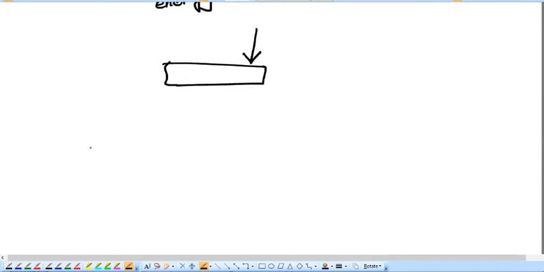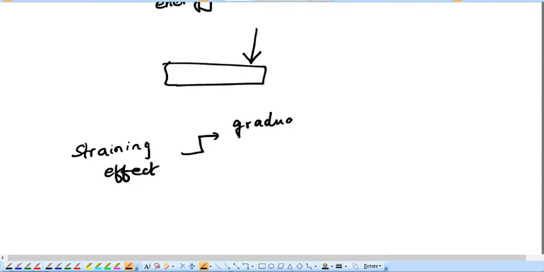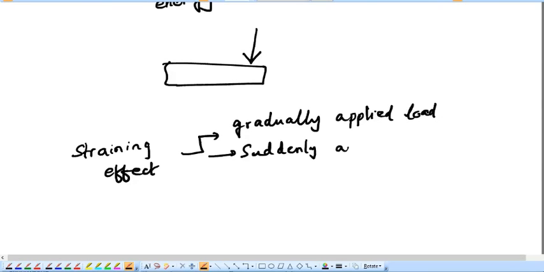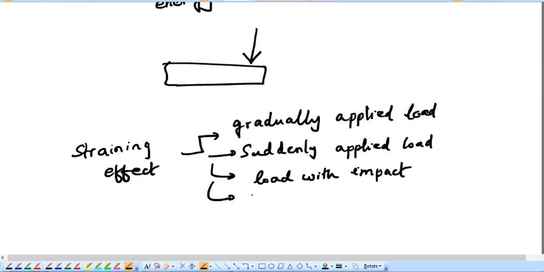The strain energy or the straining effect may be due to a gradually applied load, or a suddenly applied load, or a load with impact, or a shear stress.